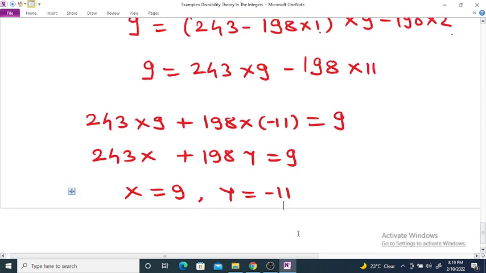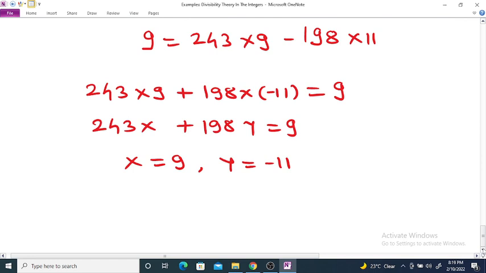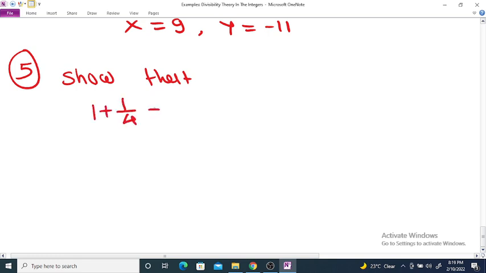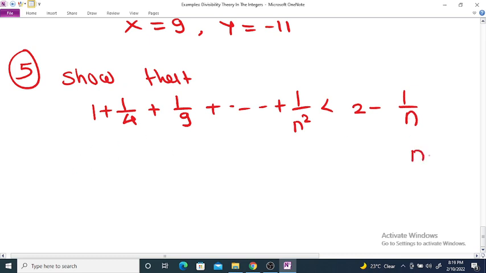Next, example number 5. Show that 1 plus 1 by 4 plus 1 by 9 plus dot dot dot plus 1 by n square is less than 2 minus 1 by n for all integers n greater than 1.